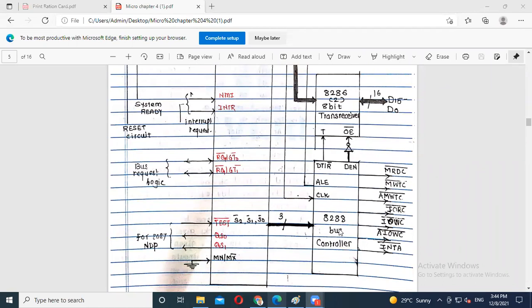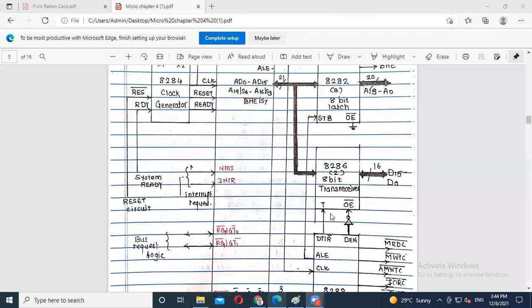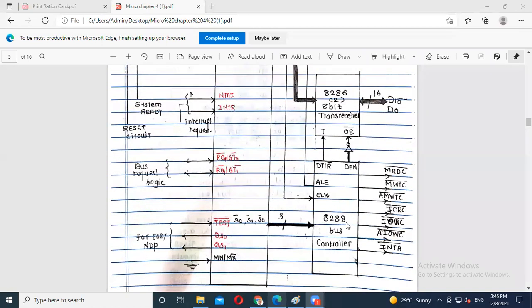This is the only one extra chip compared to the minimum mode configuration. So the maximum mode configuration contains four extra chips, 8282, 8284, 8286, and 8288, along with the 8086 microprocessor. Okay, so this is the entire thing about the diagram.